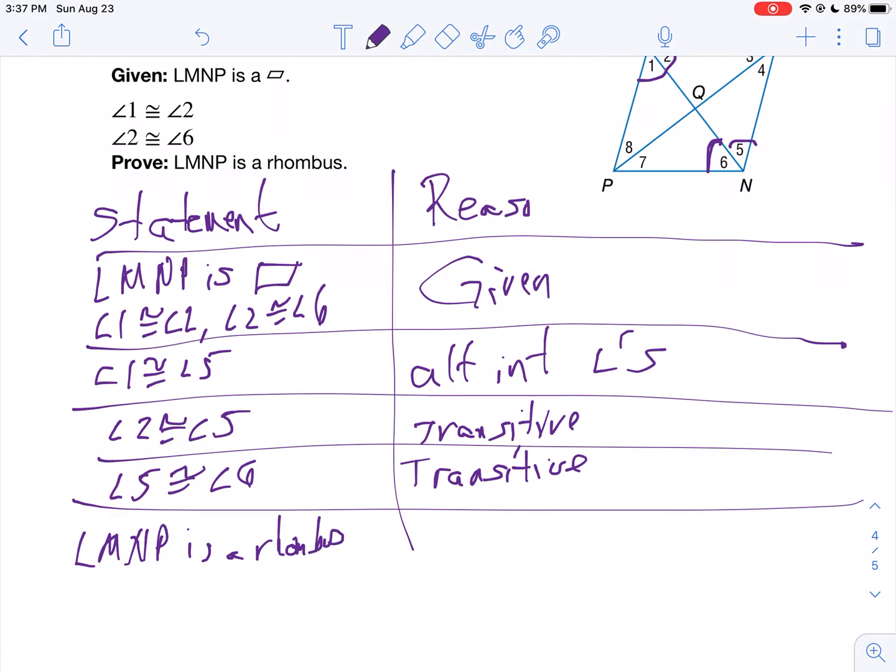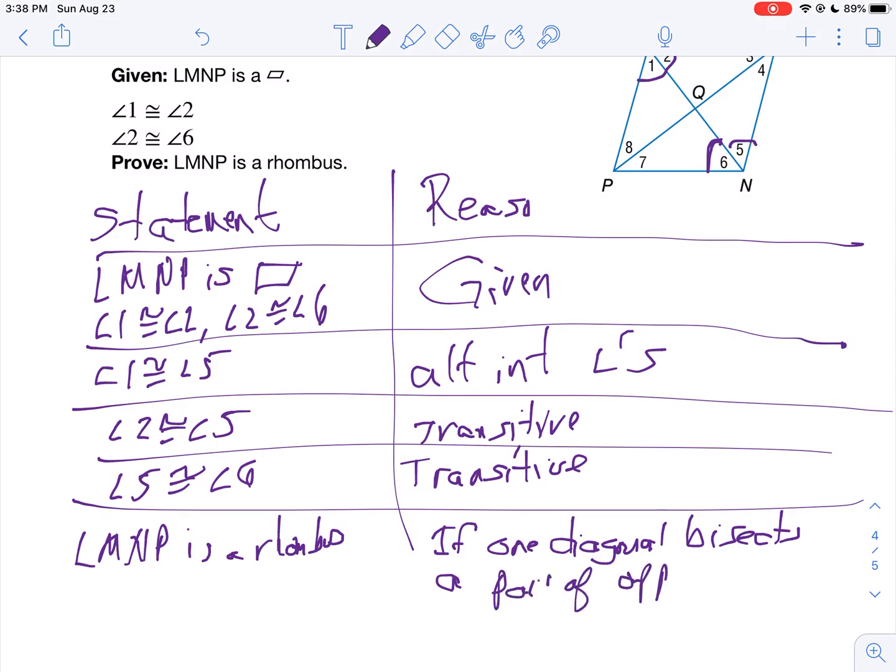Well, that is, if one diagonal bisects a pair of opposite angles, then that shape is a rhombus.